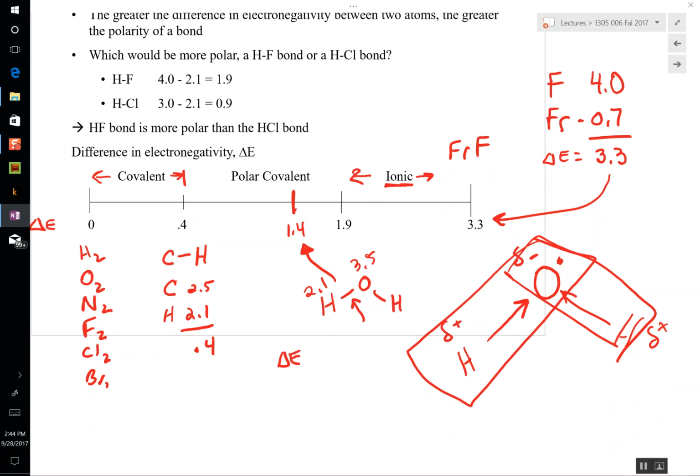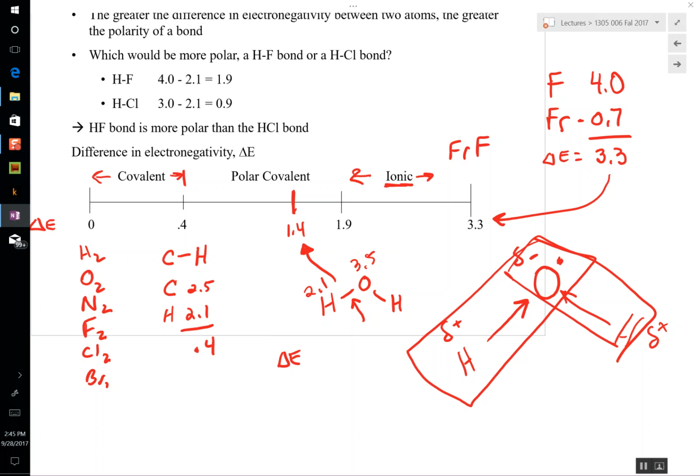You have this scale right now that shows you where we have the boundary line, or where we stop talking about it being just covalent and start discussing it as a polar covalent molecule and then an ionic molecule. Just know that even from here to here, the bigger the difference, the more ionic in nature is the compound, the bigger the difference.